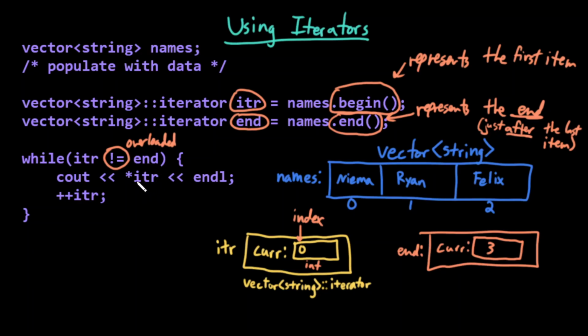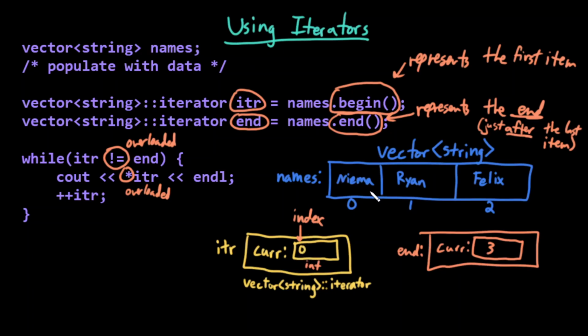I enter. I dereference my iterator. Again, iterator is not an actual pointer, it's its own class. So I've overloaded the dereference operator to return whatever the corresponding current element is. So for the case of this vector-based iterator, it would just return the item in my vector at index 0.